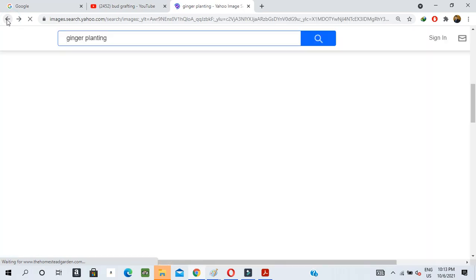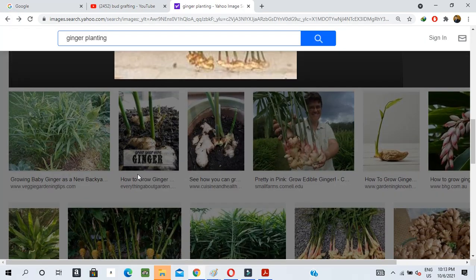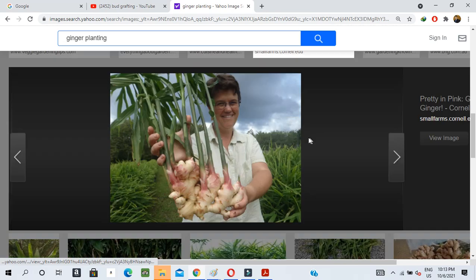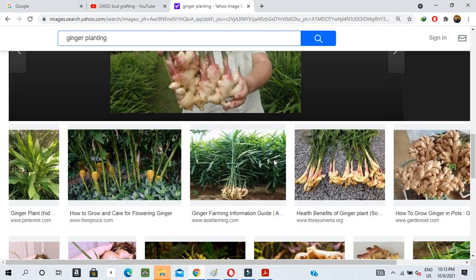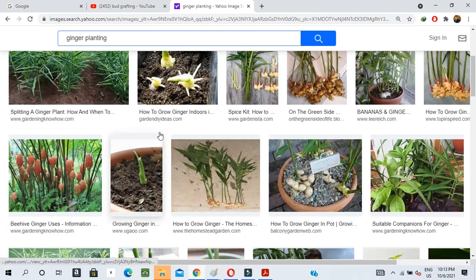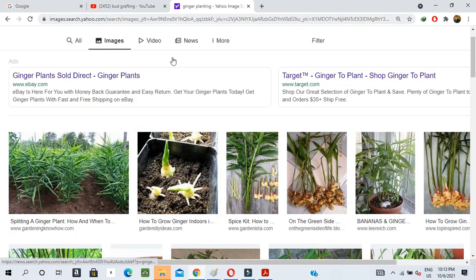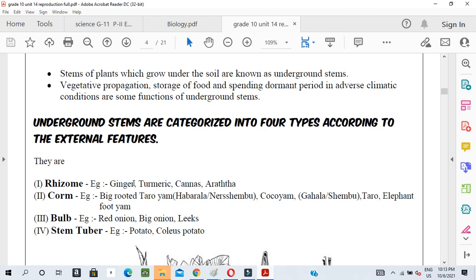Thus, no ginger seeds are cultivated. After considerable growth, we can harvest it. Like this, for each of the cultivations, we are using those underground stems.